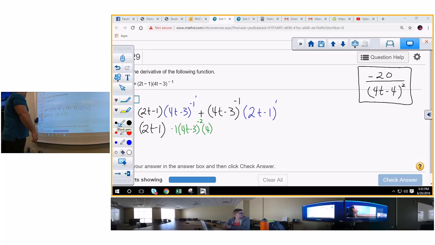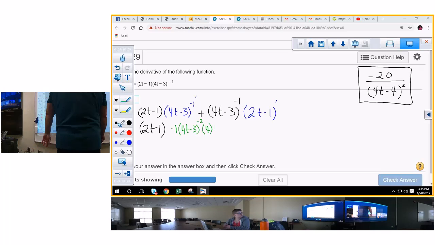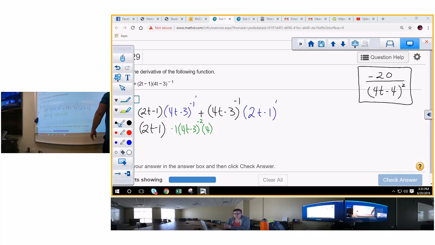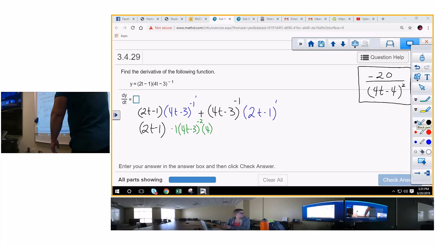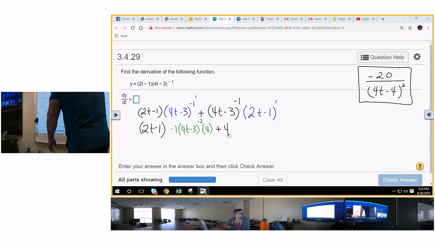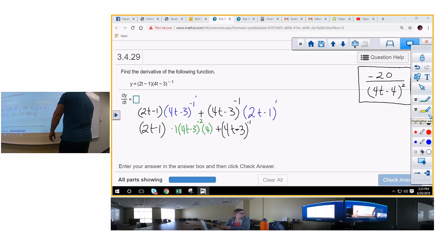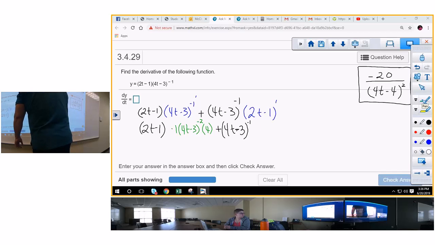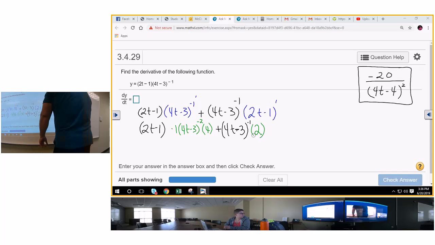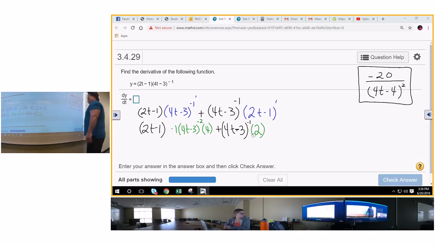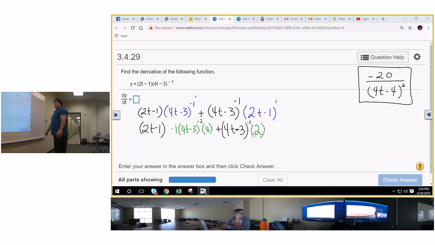I told y'all to use the chain rule, but I forgot to use the chain rule, and I forgot that 4 right there. So don't forget that. Plus 4t minus 3 to the negative 1 power. And I'm going to take the derivative, and that's going to be 2. Okay, now it's 100% algebra. There's no more calculus.